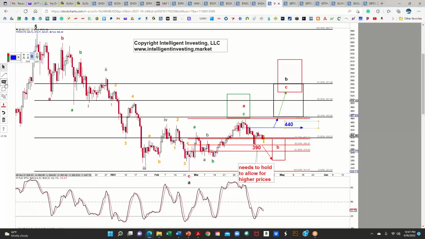And we need to break out above 440. Not the Z wave, the C wave. Target zone. Very, very simple.